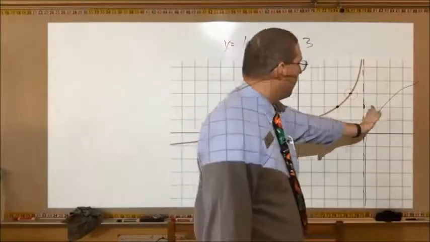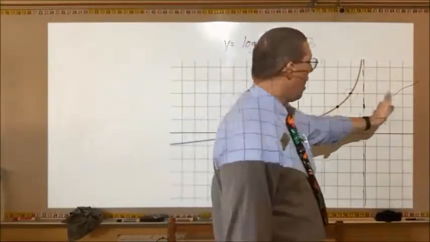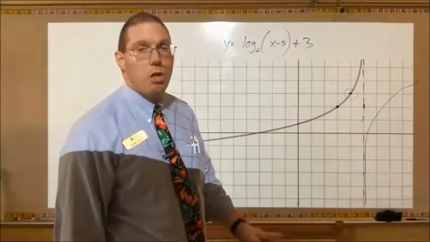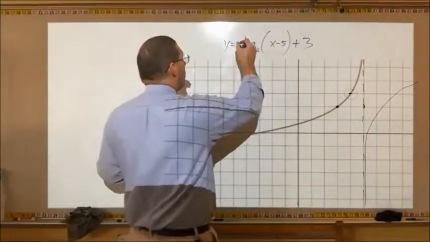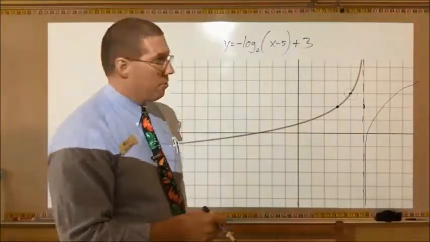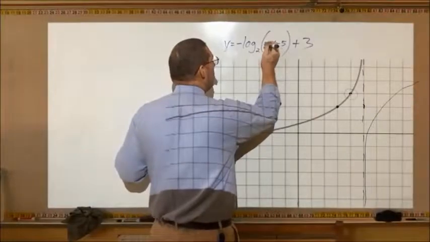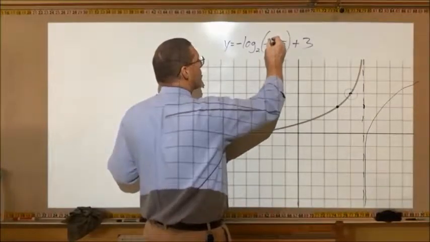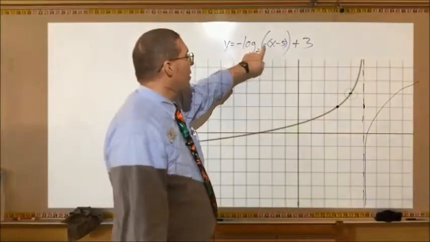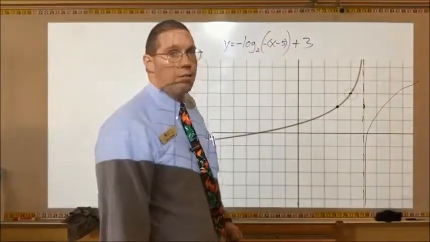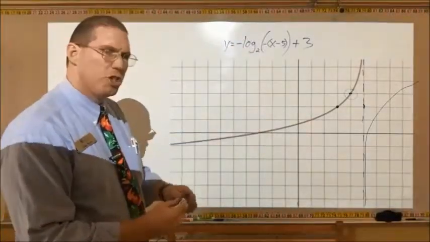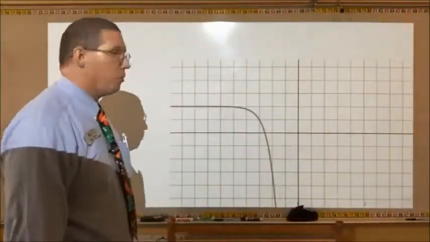Also, this logarithmic function is on the left side, not on the right side of the curve, and therefore it is also backwards. So we're going to put a negative in front of the logarithm, and we're going to put a negative inside with the x. But watch this. When I put it inside with the x, I need to put parentheses around the x minus 5. So it's negative the quantity of x minus 5. And this is the function for this graph. Okay? Let's try another one. All right, let's see if you can figure this one out.